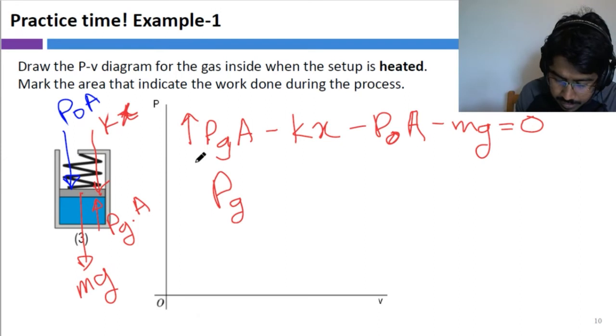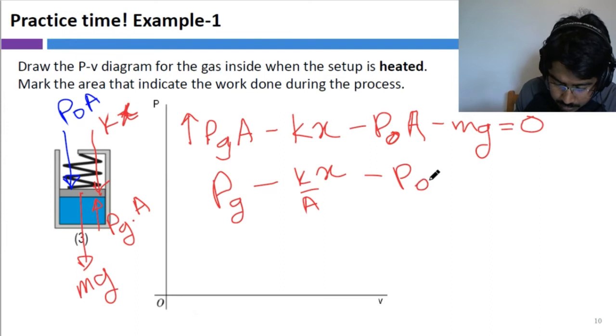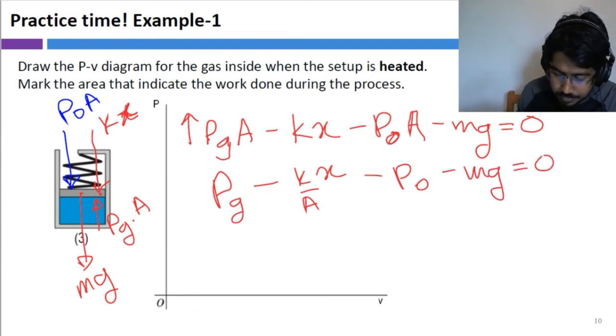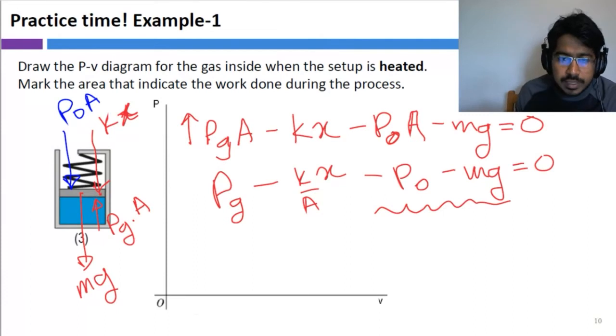If we divide the entire equation by area, we have Pg minus Kx divided by A minus P naught minus mg over A equals 0, right? You know that the atmospheric pressure and the weight of the piston are not going to vary during the process, right? Therefore, we can call that a constant.